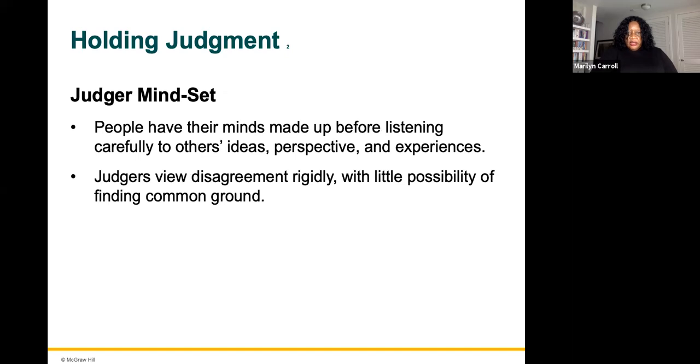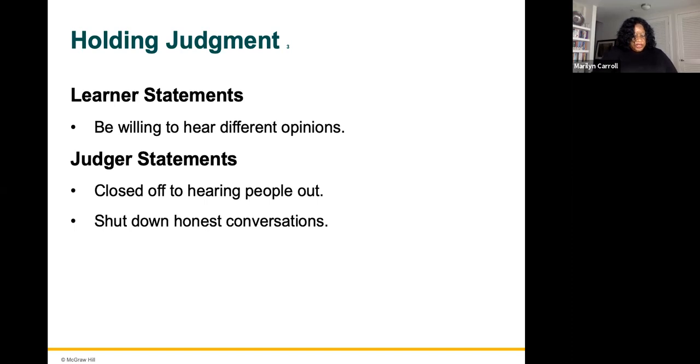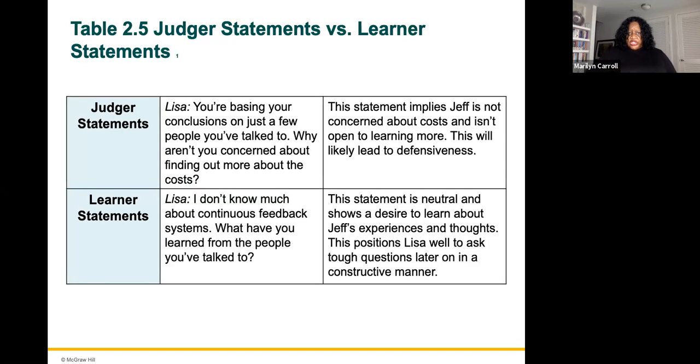Judger mindset: people have their minds made up before listening carefully to others' ideas, perspectives, and experiences. Judgers view disagreement rigidly with little possibility of finding common ground. So, learner statements: you must be willing to hear different opinions. Judger statements: closed off to hearing people out, shutting down honest conversation.